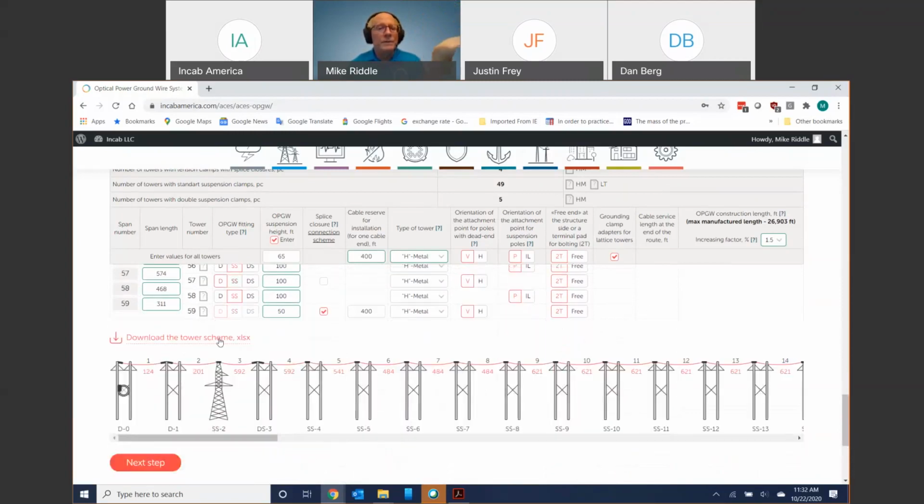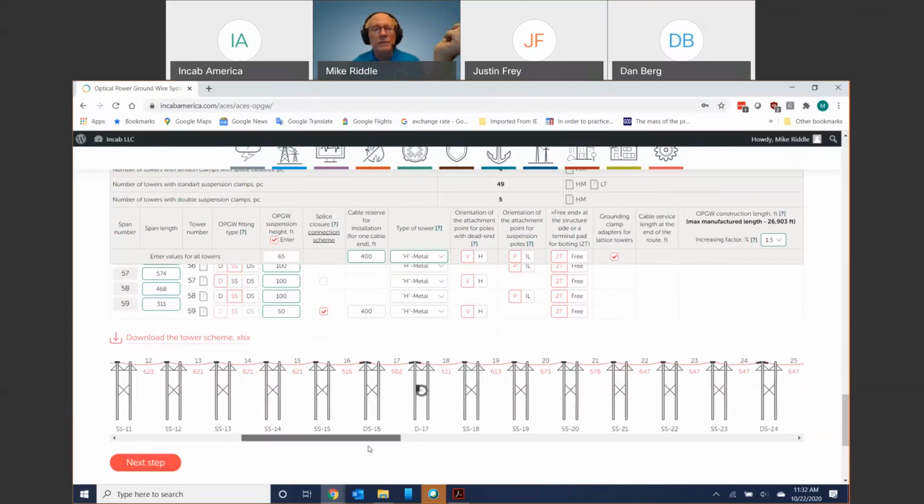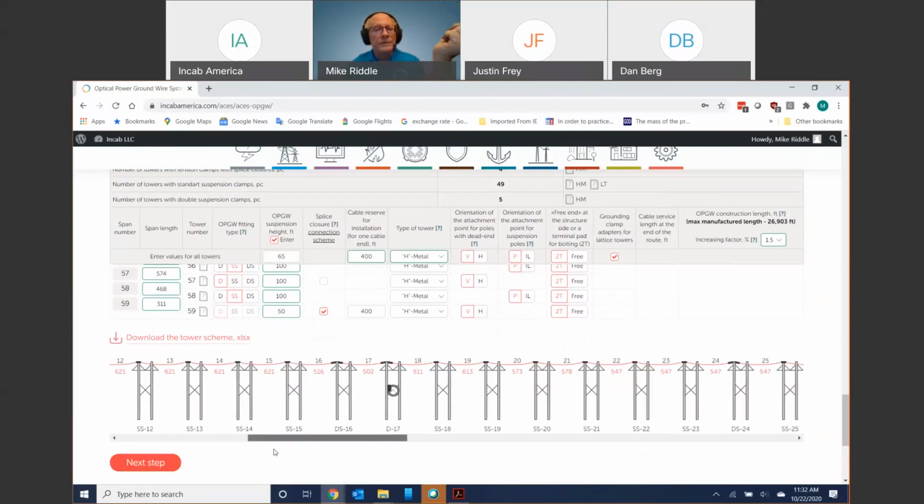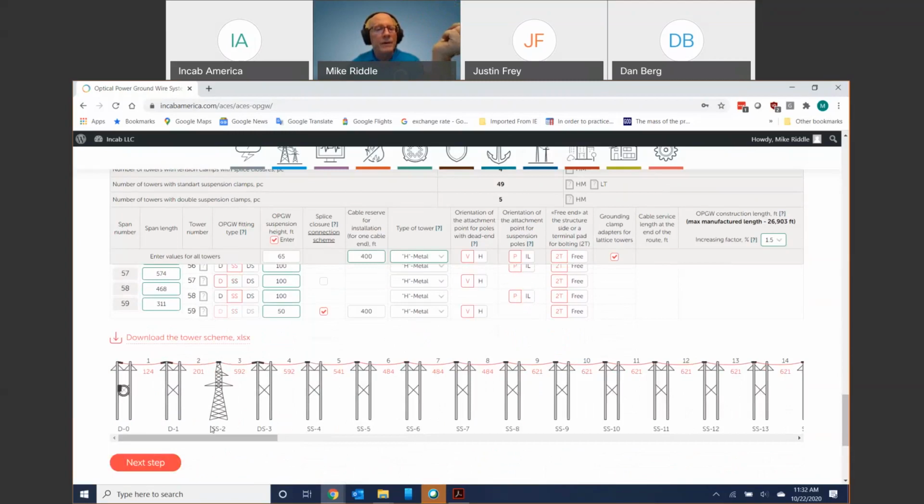Of course, you can download all of this for future reference, and then it could be re-imported if you needed to adjust it later. And you get this pictorial representation at the bottom of what you've done. Right, so I added that lattice tower.